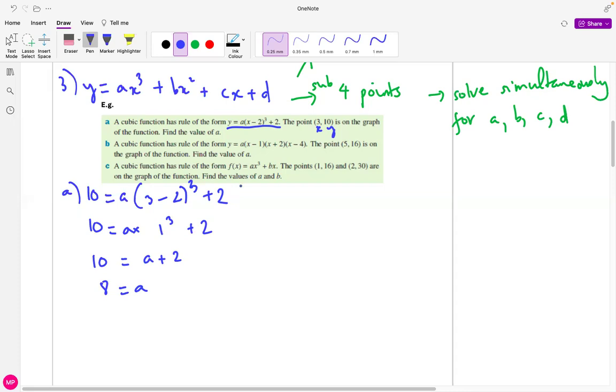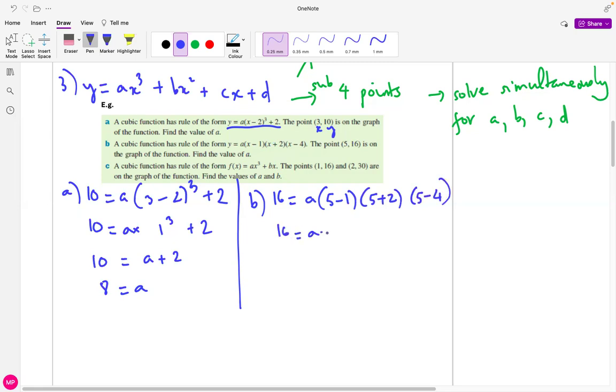Similarly for question b, they give me a point, and they did give me the x-intercepts here. So all I do is substitute in, and then I can find the a value. 16 is the y value, so 16 equals a times (5 minus 1)(5 plus 2)(5 minus 4).